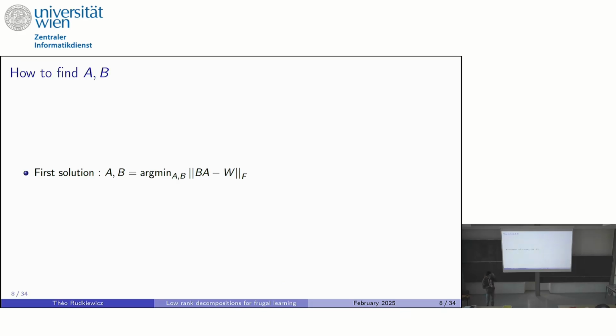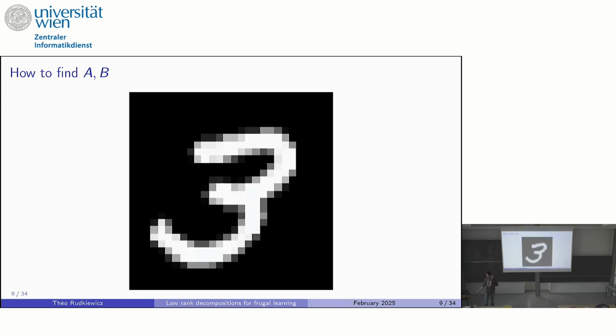So the question is, how do we choose A and B to approximate W? A simple way to do it is to solve this low-rank approximation problem. And this could be a good idea, and it's often what is done in practice. But if we look at a typical example of input, you can see that all pixels, so all input values, are not as relevant.